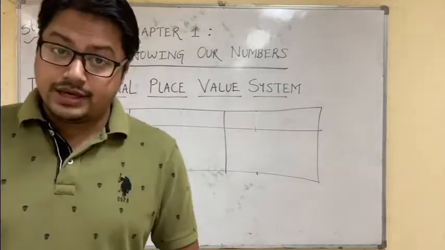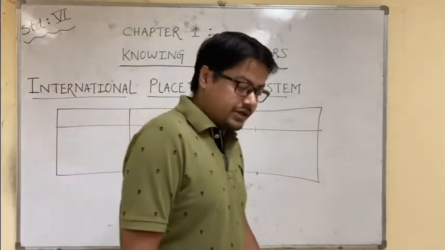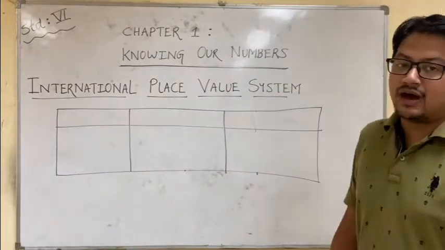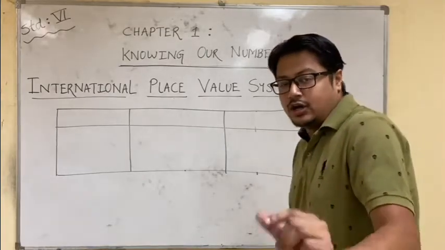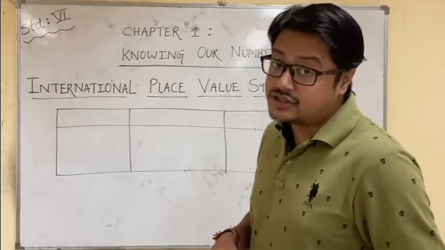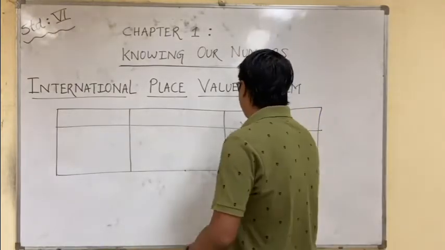The number one thing to be remembered: the Indian place value system has 4 periods: ones period, thousands period, lakhs period and crores period. But on the other hand, the international place value system will have only 3 periods. What are the 3 periods?